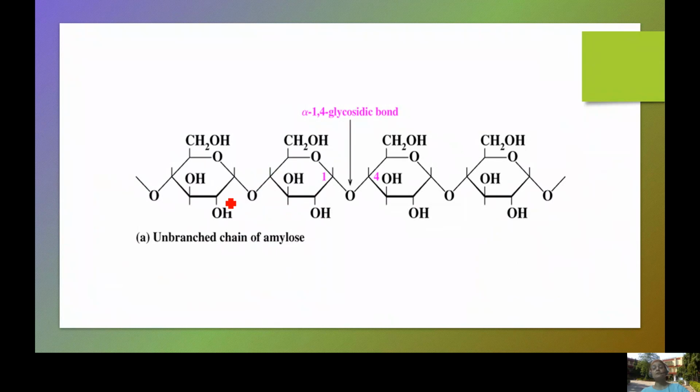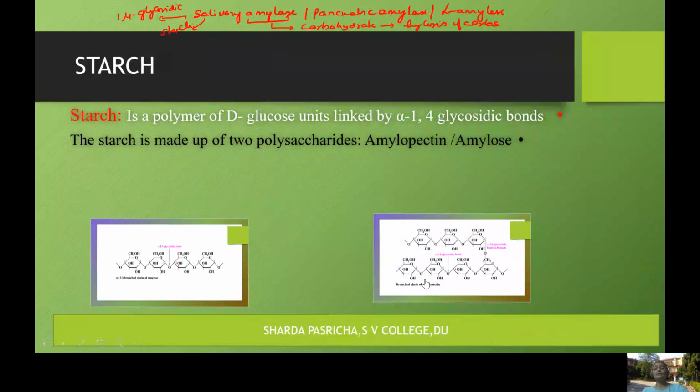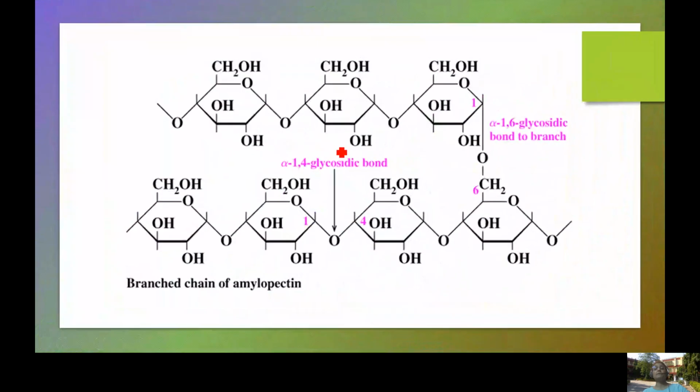One is amylose. This is 1,4-linked glucose. You can see the glycosidic linkage, the 1,4-glycosidic linkage here. This is the amylose, which is the linear molecule, and the amylopectin, which is the branched molecule, which has the main chain consisting of 1,4-glycosidic linkage and the branch chain consisting of the 1,6-glycosidic linkage.